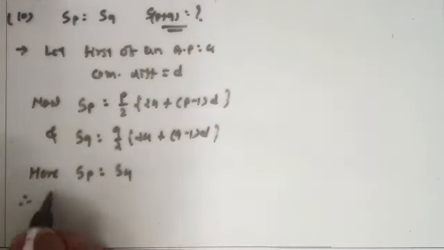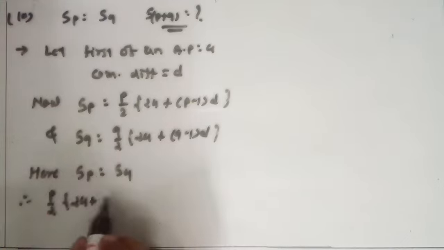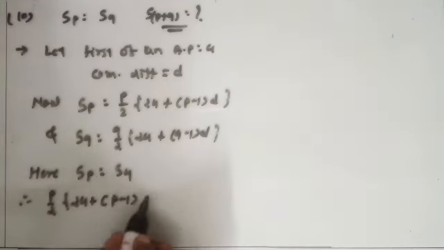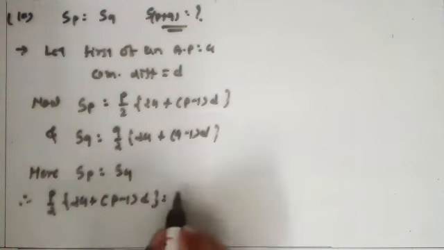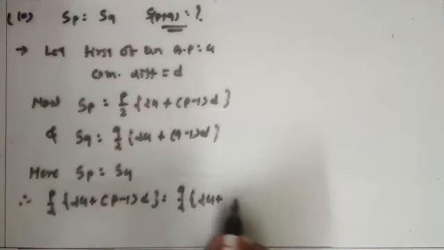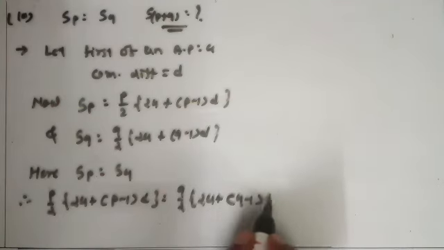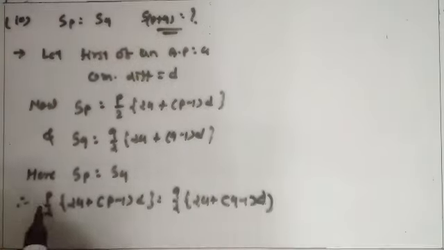Therefore, P by 2 into 2A plus P minus 1 into D is equal to Q by 2 into 2A plus Q minus 1 into D. Now simplify this.